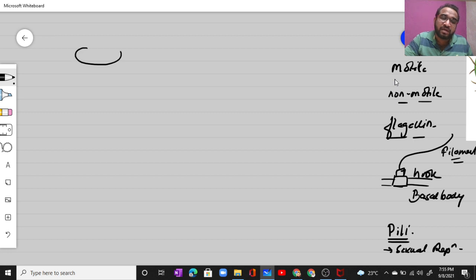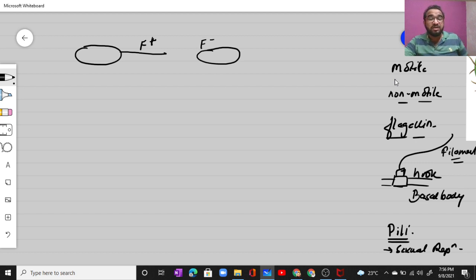If this is a bacteria and it has a pili, it is called an F plus. This is a fertility factor. If a bacteria does not have a pili, it will be called F minus, that is the fertility factor is absent. This pili forms a conjugation tube between these two bacteria, and the replicated DNA can be exchanged from one cell to another cell.